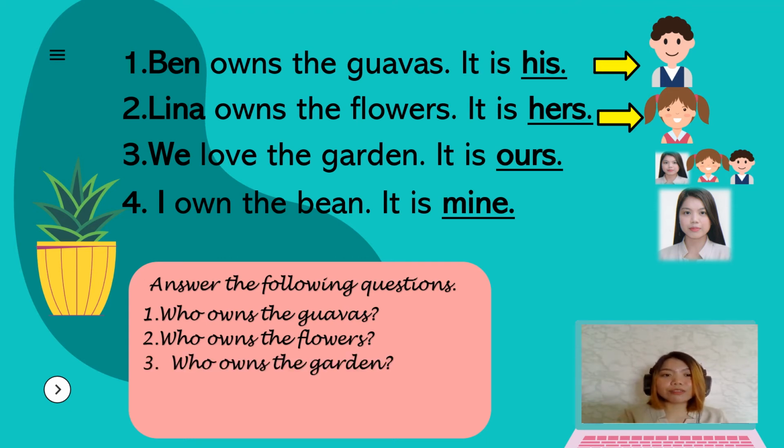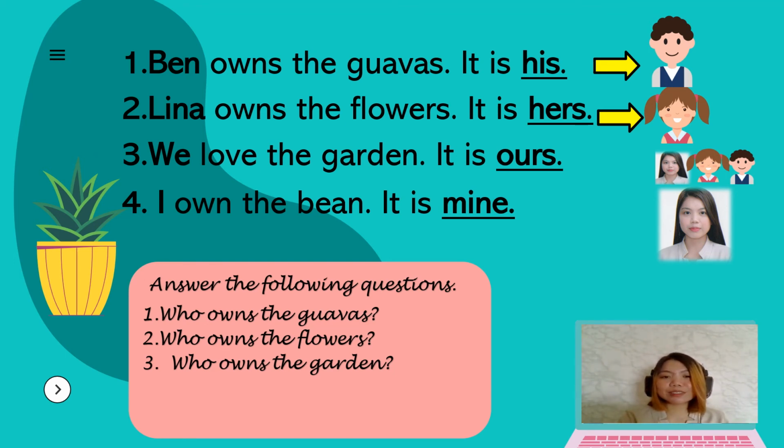We love the garden. It is ours. So who owns the garden? Very good. We own the garden. So it is ours. So we use the word ours if the owner of a thing is a speaker, including a boy or a girl owner.